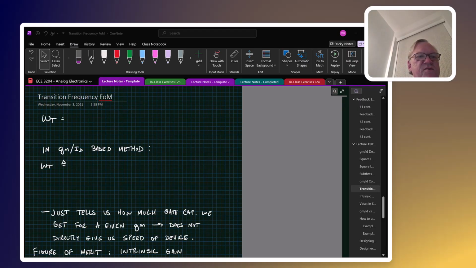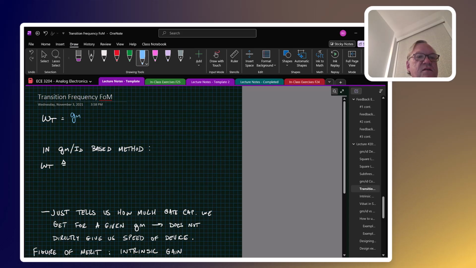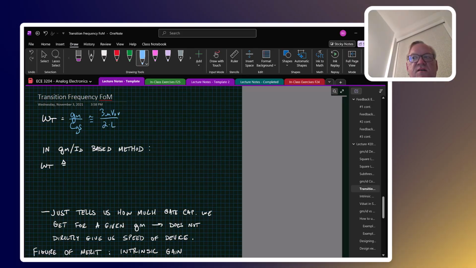All right, so here I'm using omega t. I'm just noting that this is radial frequency instead of linear frequency. So we have that Ft, or omega t, is equal to Gm over CGS, which is approximately equal to 3 times mu times VOV over 2 times L squared for a square law device.